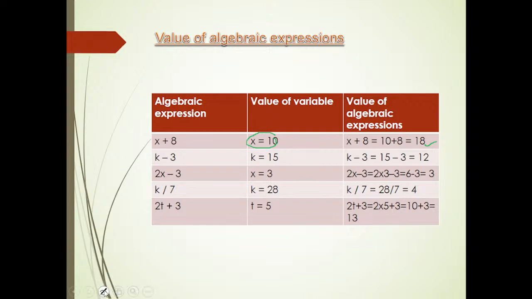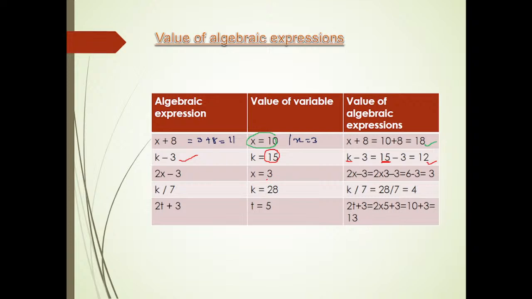If suppose I took x value as 3, then what will be this expression? 3 plus 8, that is equal to how much? 11. Similarly for the next one, k minus 3. Here they given k is 15. If suppose k is 15, what will be this expression value? 15 minus 3 is equal to 12. In the place of k, we are replacing it with 15. Why? Because they given that. So it is nothing but substitution.